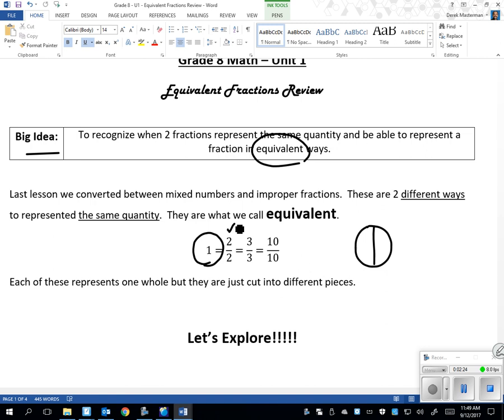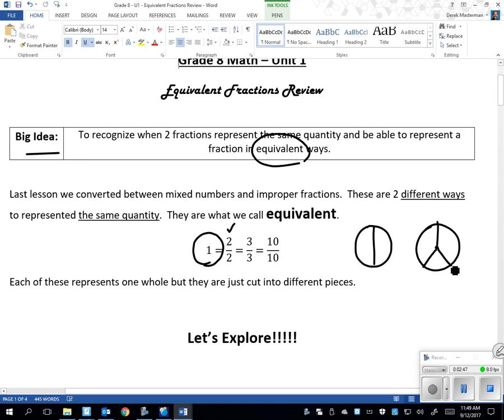Have I changed how much I have? No. But I've changed what the pieces look like. I now have two pieces instead of one piece. I have two pieces, but they're halves now. I change how many I have, and I change what they look like. I could take that whole, and I could chop it up like this.